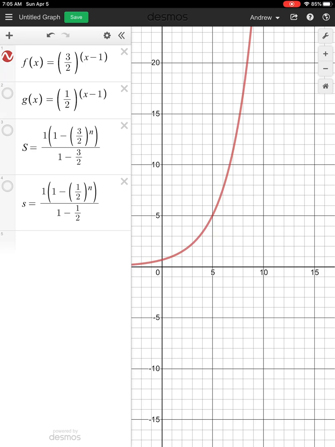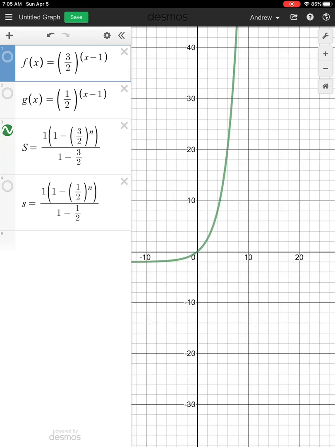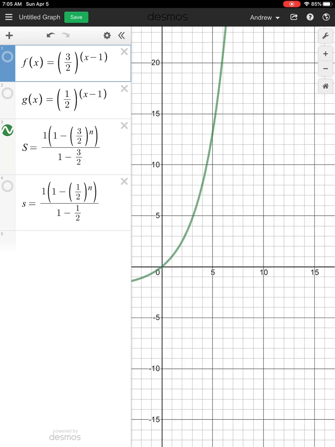So clearly these terms are just getting bigger and bigger. If I take that summation formula that we derived last time, which is in that third box here on the left with capital S, and graph it, it's also getting bigger and bigger and bigger. So this is a sum that is approaching infinity.